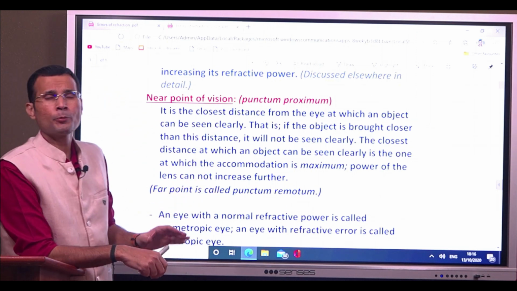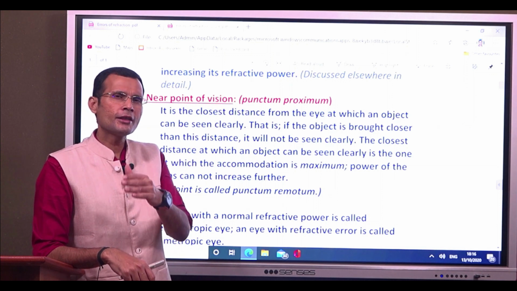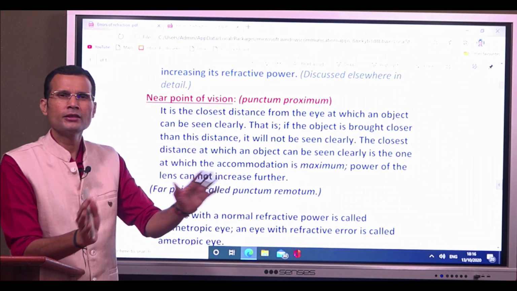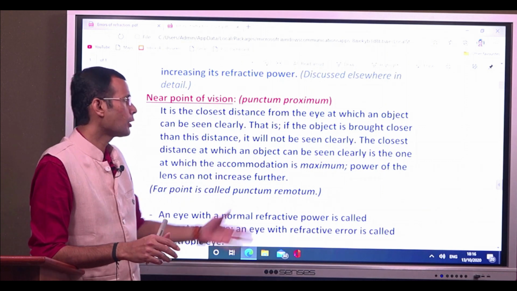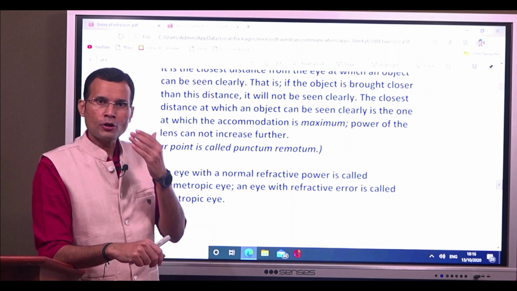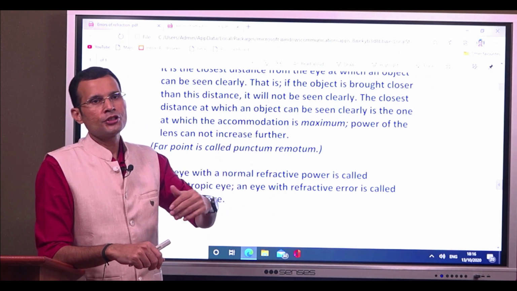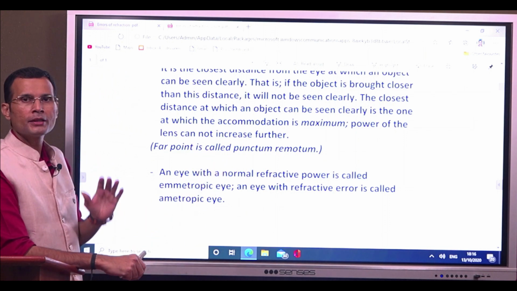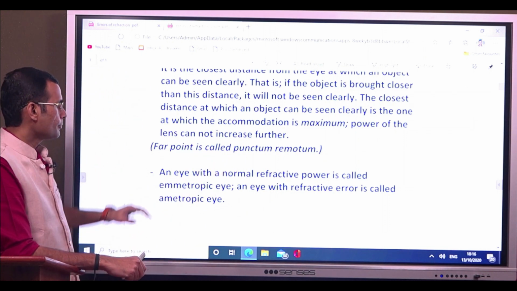So that's called the near point of vision. Generally, it's in the range of 7 centimeters to 40 centimeters from the eyes. That's a normal range for the near point of vision, and it's called punctum proximum. The far point, which is the infinity, is called punctum remotum. Punctum remotum is the far point of vision.